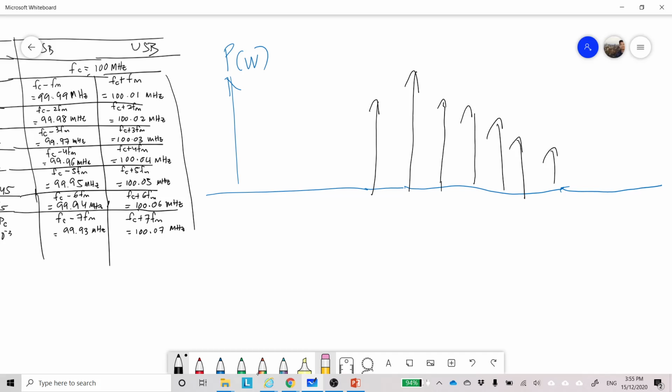One, two, three, four, five, six. Banyak so ada 7 lah.